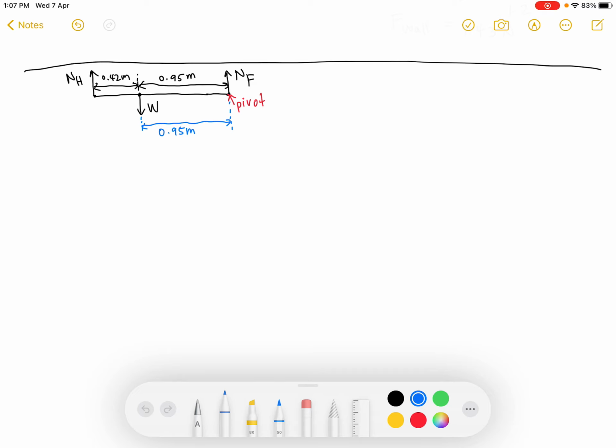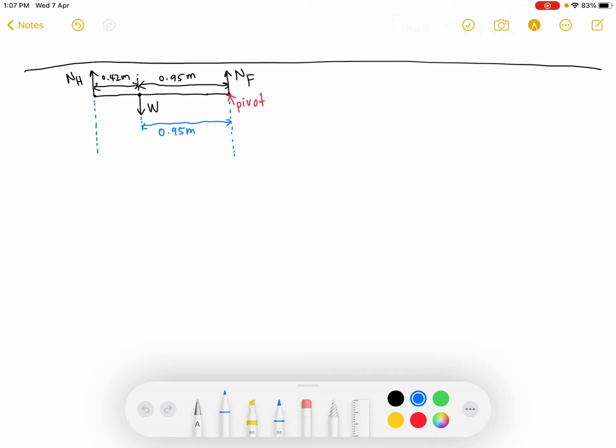Then from the normal force on the hand to the pivot point, you extend the normal force on the hand and draw a line that's perpendicular to the normal force on the hand towards the pivot point.